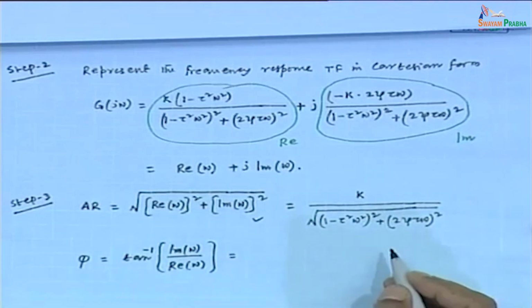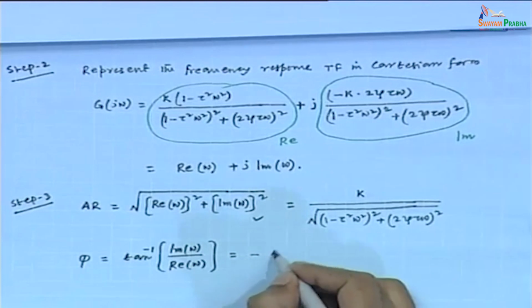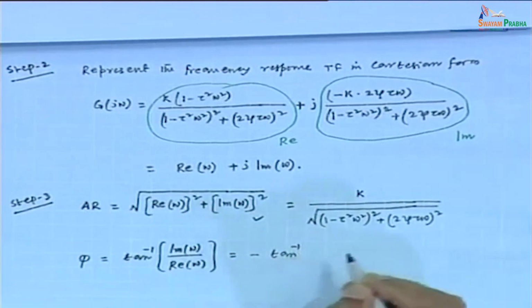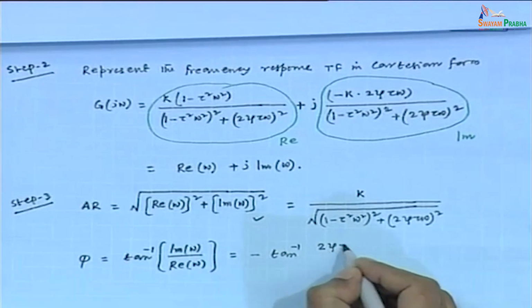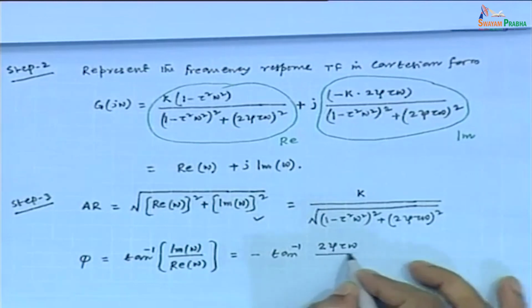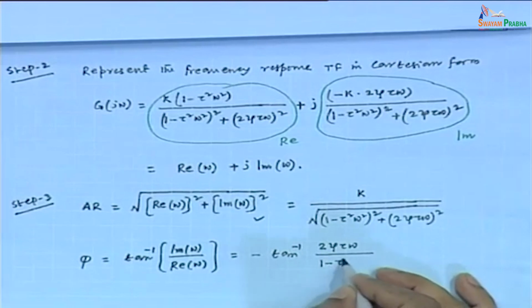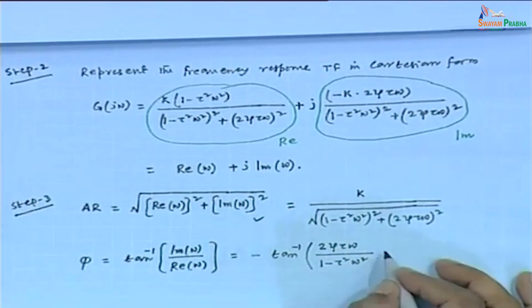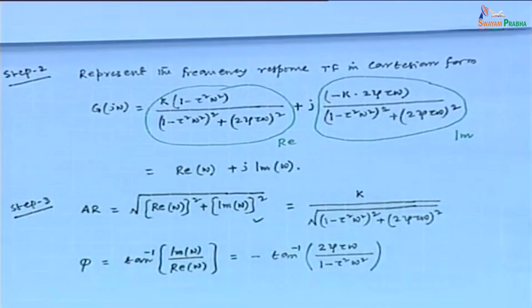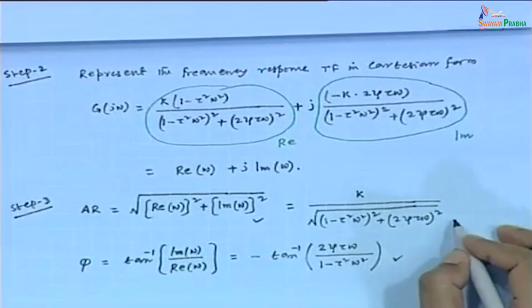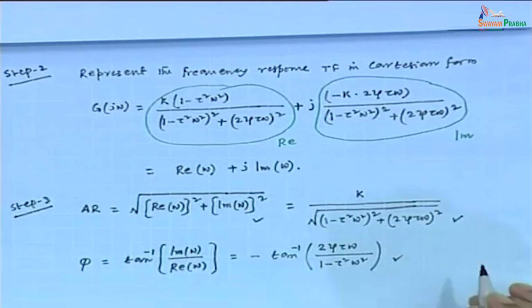Accordingly, we obtain minus tan inverse 2 zeta tau omega divided by 1 minus tau square omega square. So, first we substituted s equals j omega, then we represented the frequency response transfer function in Cartesian form, and in the third step we determined the expressions for amplitude ratio and phase angle.